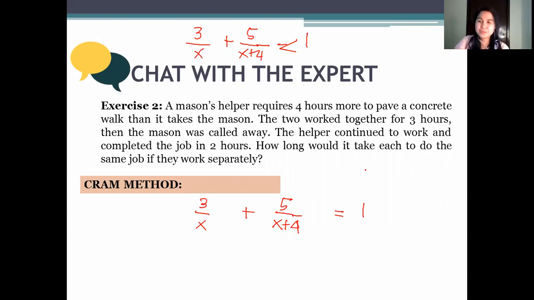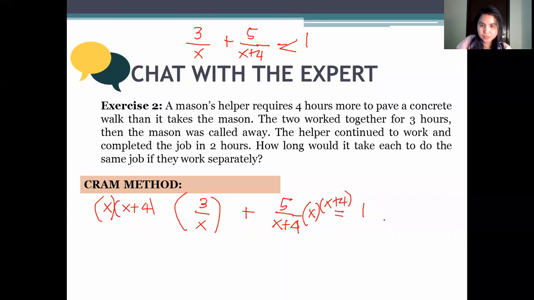Now, multiply all by the LCD. I told you a while ago that the LCD can be the product of the denominators. So we multiply all by x times x plus 4.